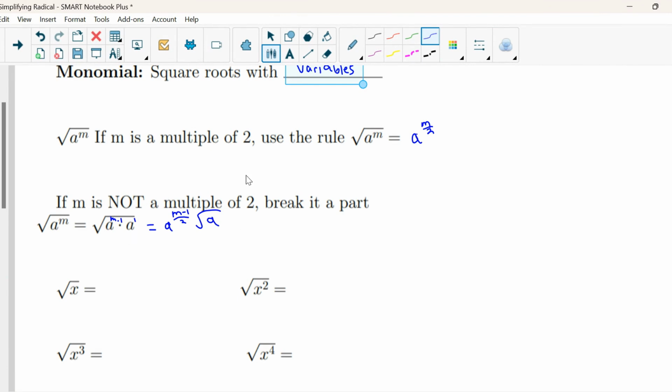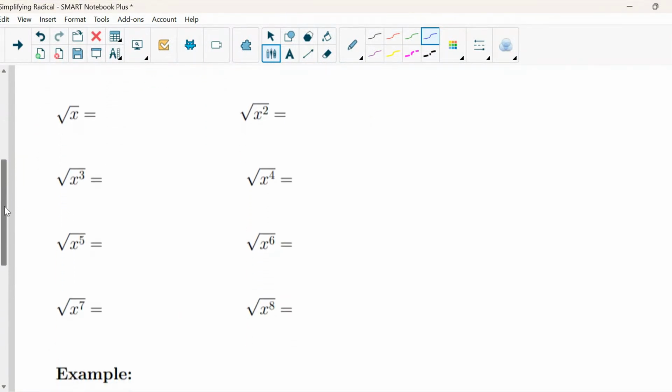I find all of this to be quite confusing, especially when you're first learning, so I think diving into the examples is really going to help clear a couple of things up. If I have the square root of x, okay, we can work our way down quite a few of these examples. That's the same as saying the square root of x to the first power.